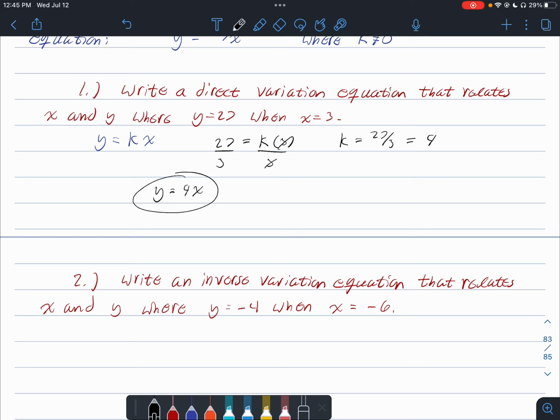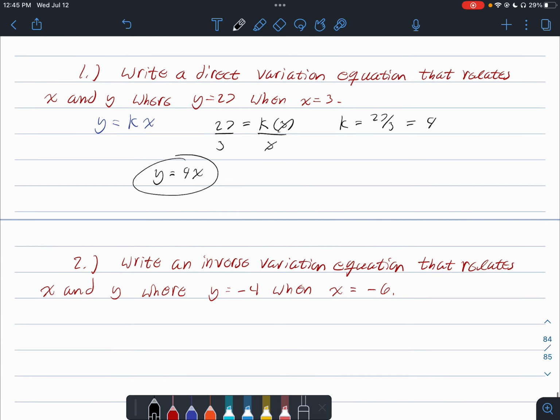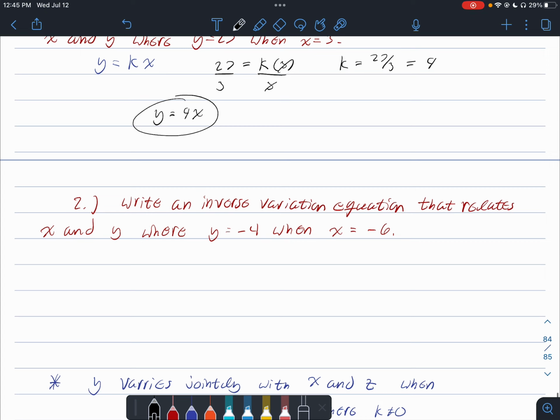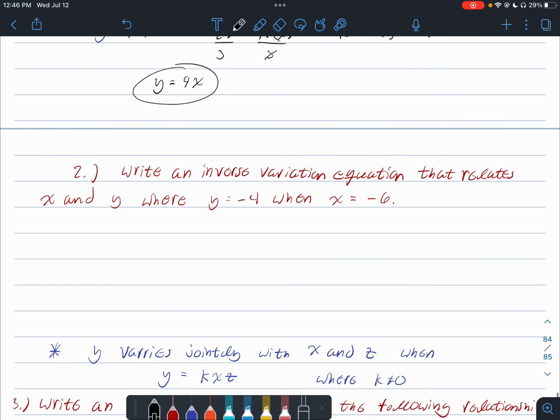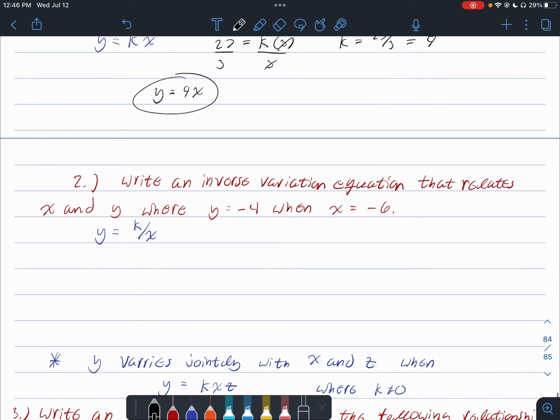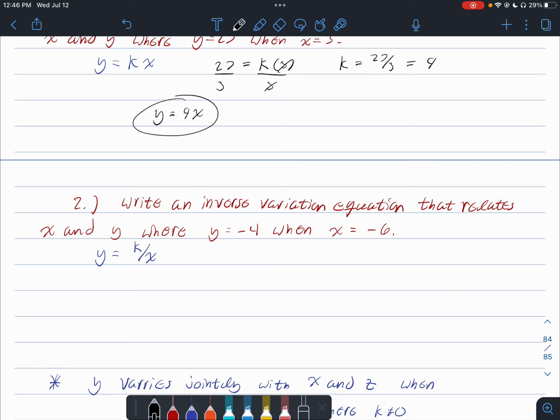Okay? So pretty easy, right? Not too bad. That's a very quick, very direct, no pun intended, way of solving this problem. How about if we want to write an inverse variation equation that relates x and y where y is equal to -4 when x is equal to -6. So our inverse variation equation is y is equal to k divided by x. And again, if we want to find k, we can just plug in our x and y values.